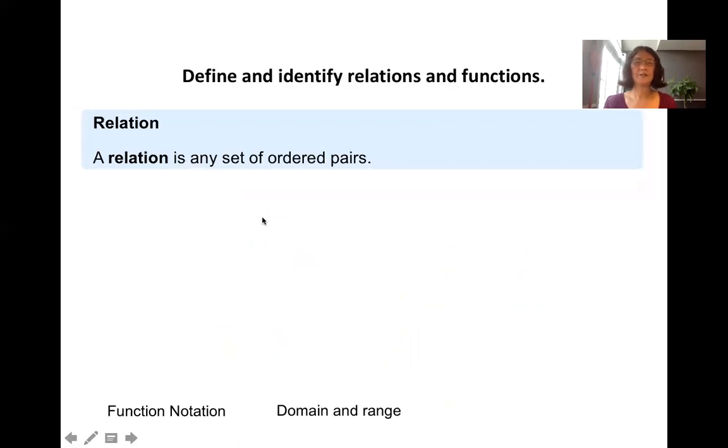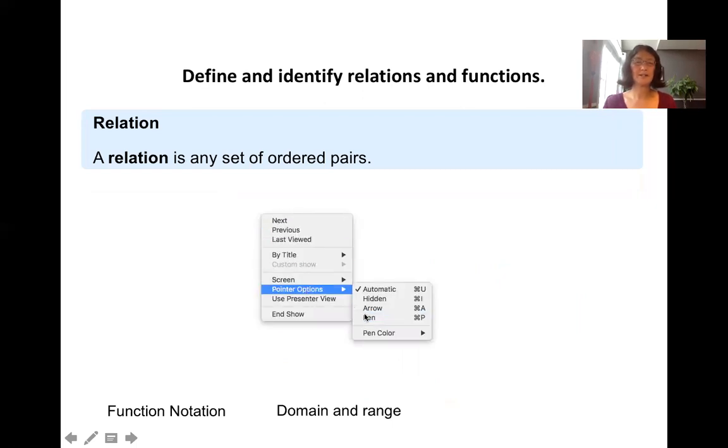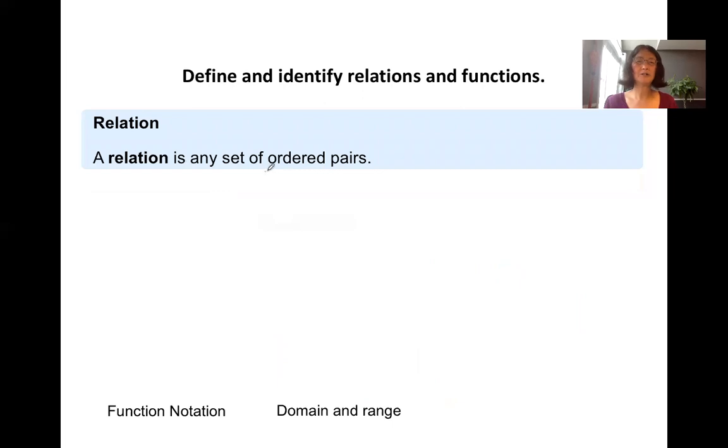So we talked about the function. Now the relation: any ordered pairs are a relation. So the relation is a big concept. If this represents the relation, the function is a part of this relation. This is the function, this is the relation.